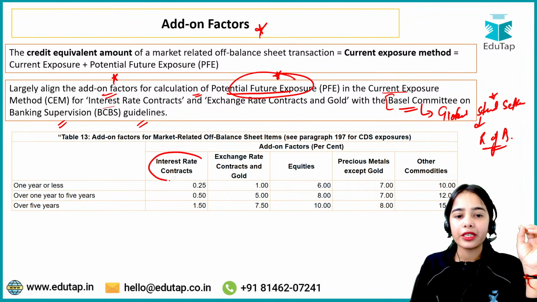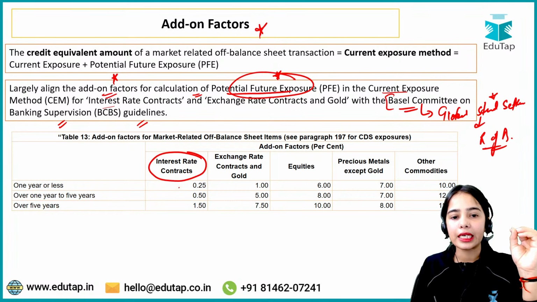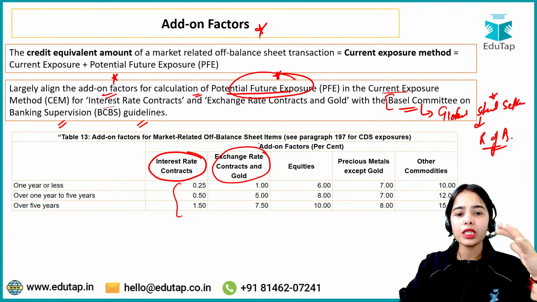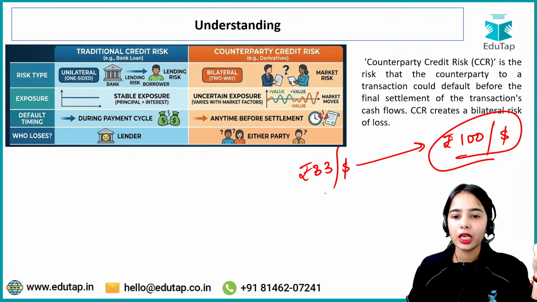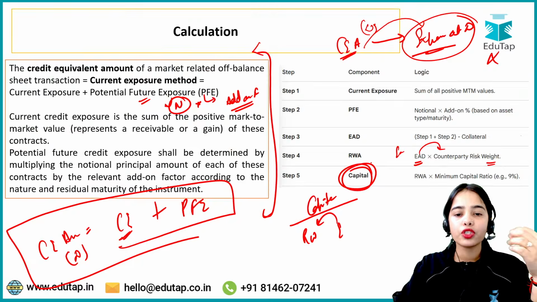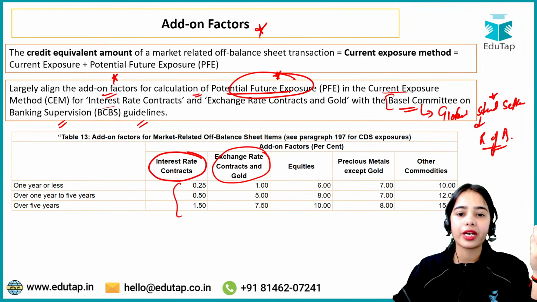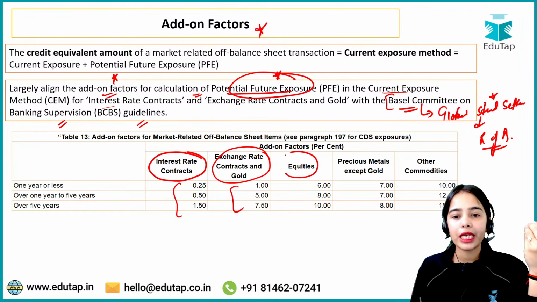For the interest rate derivative contracts, you can see these are the add-on factors. For the exchange rate contracts, like the example we have taken, giving rupees for dollars, and for the gold contracts, these are the add-on factors. For the equities, the shares and stocks, these are the add-on factors.